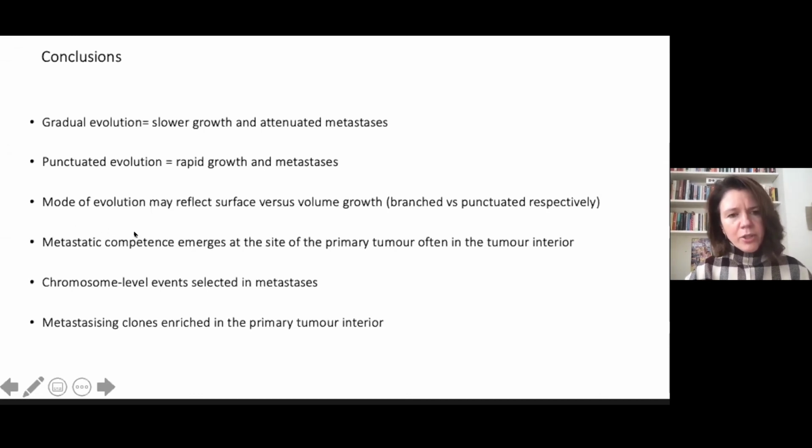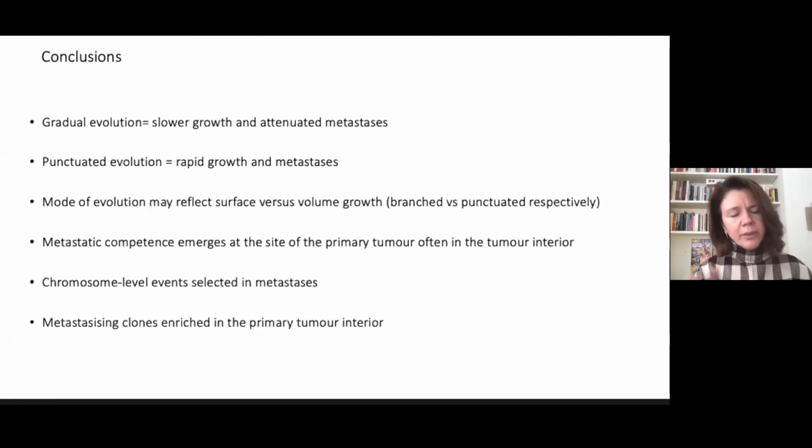We very much see that metastatic competence emerges at the site of the primary tumor. And this is in contrast to some other examples of parallel evolution of metastatic potential, where early clones derived from the primary tumor may continue to evolve outside the primary tumor, sometimes in places of immune privilege and so on.